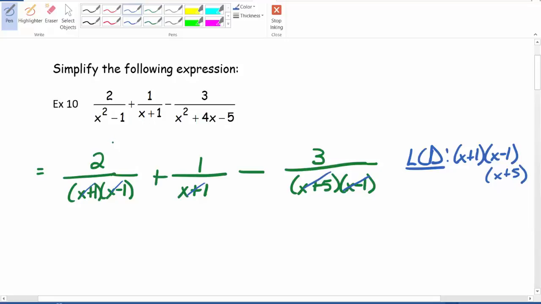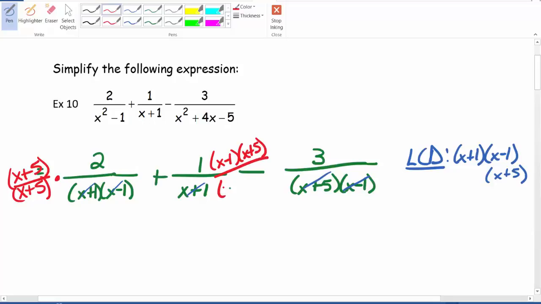Now, we see what we have to multiply to get that bottom. This one already has x plus 1 times x minus 1, and he just needs an x plus 5 divided by x plus 5. The one in the middle already has an x plus 1, but it does need an x minus 1 times an x plus 5.